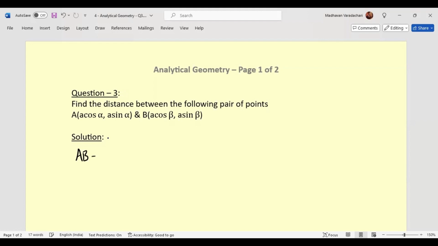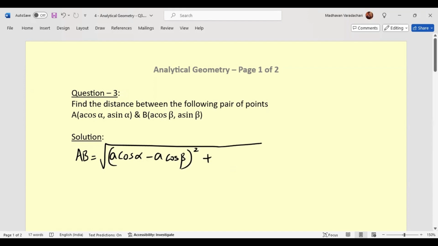AB will be square root of a cos alpha minus a cos beta the whole square plus y coordinate is a sin alpha minus a sin beta the whole square.